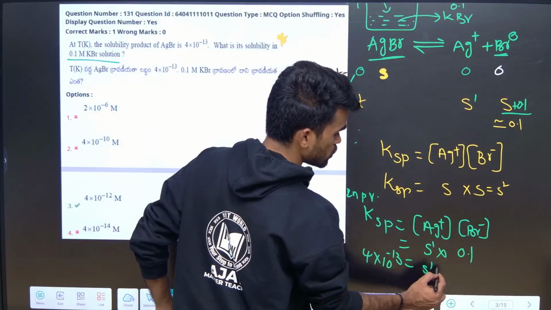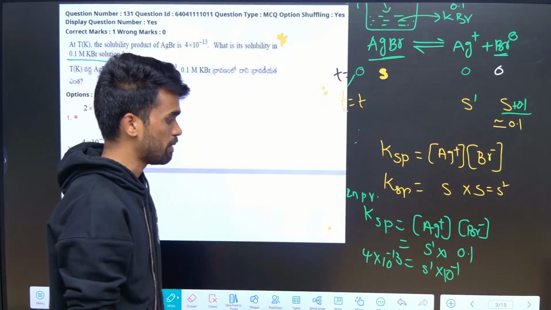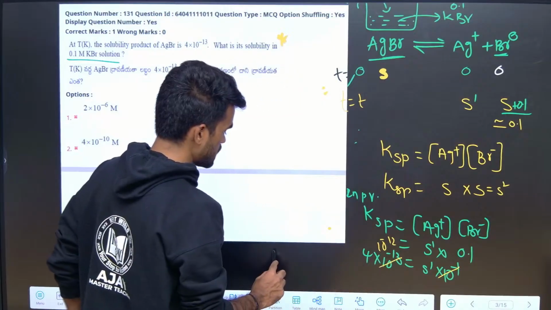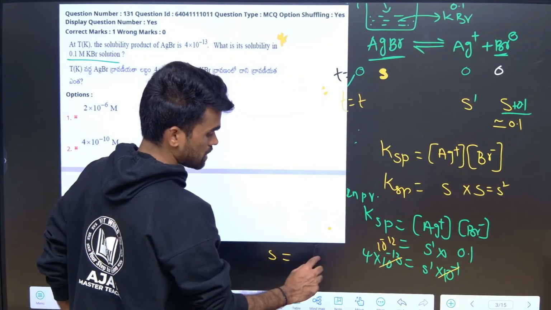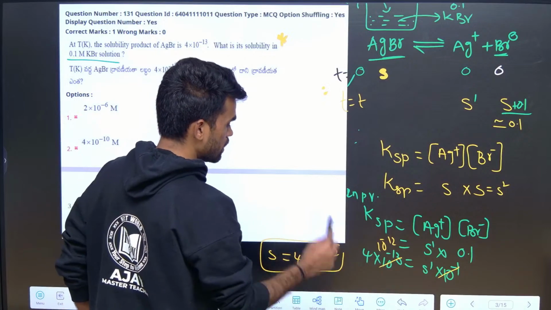So here it is S dash into 0.1, and writing 0.1 as 10 power minus 1, if I remove this and this we get 10 power minus 12. So the solubility of AgBr in the presence of the common ion is 4 into 10 power minus 12. Very easy concept.